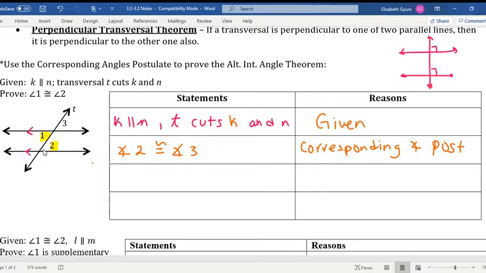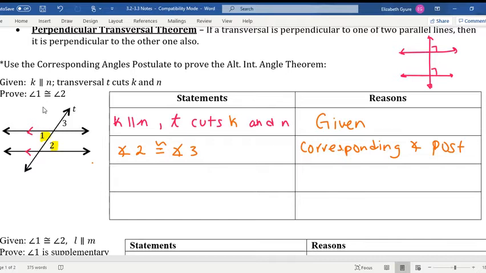I still need to introduce angle 1 into our proof though, right? Because that's part of my prove. I have to say something about angle 1. If you take a look at your picture, is there anything you think you could say about angle 1? That's a property or a relationship we already know, Ashley? Angle 1 and 3 are vertical angles.